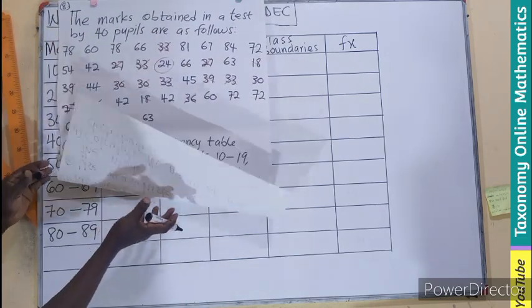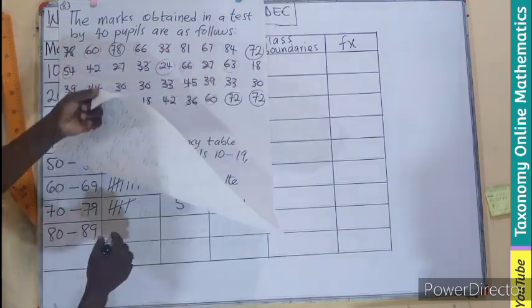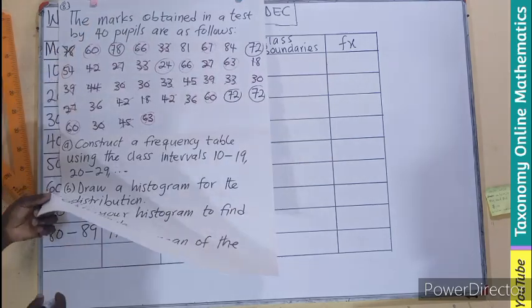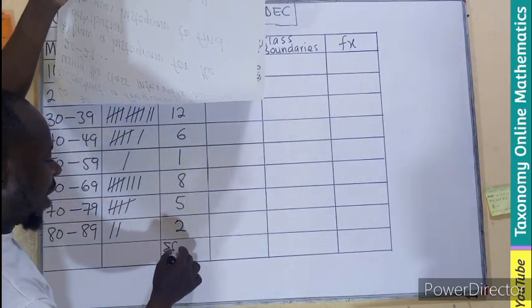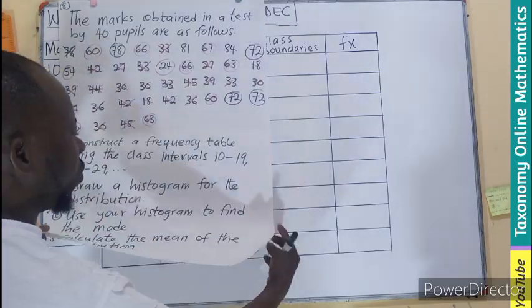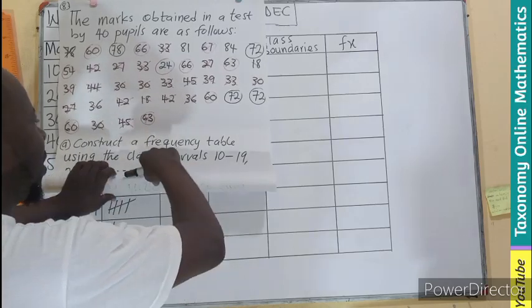Let's go for 40 to 49. So we have only 2. So 1, 2, indicating 2. Now this is the frequency. So let's go for sigma f. Sigma f means adding all the frequencies together, as in finding the total frequency.